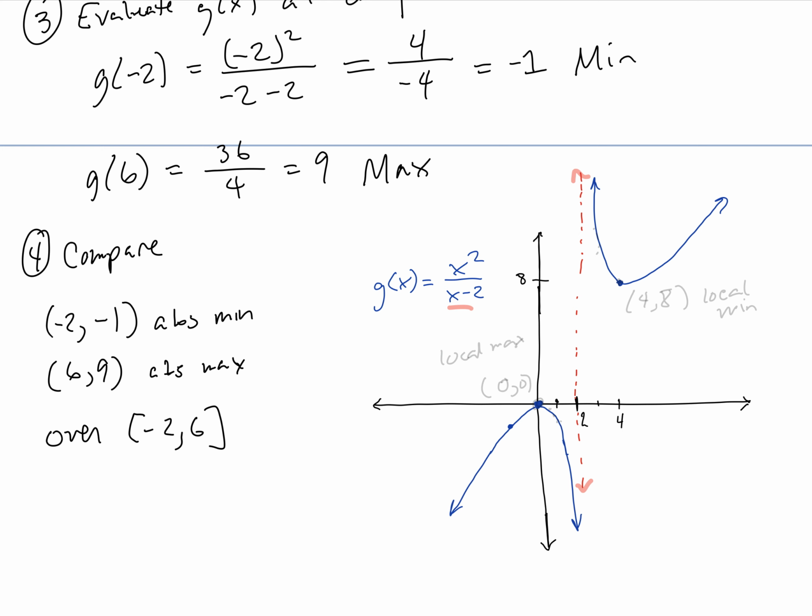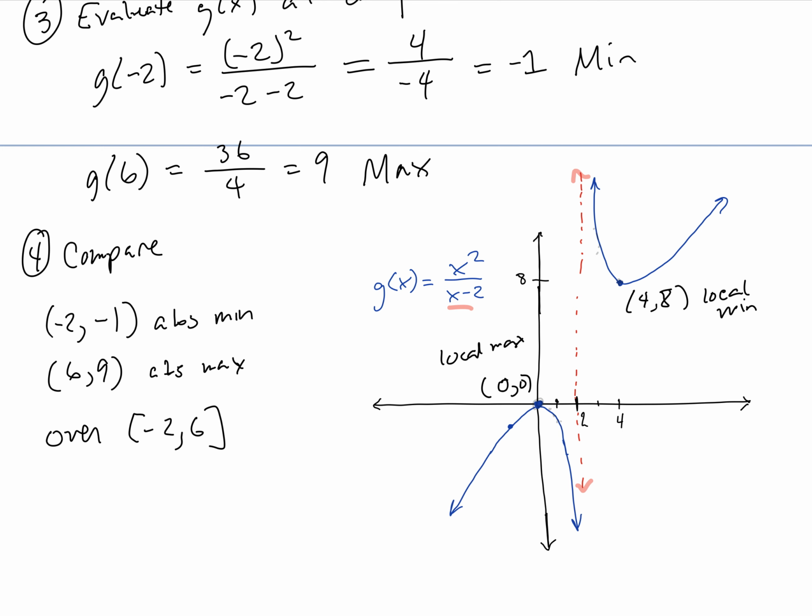And we see that there is something special happening at each of the points that we found. So at each of our critical values, 0 and 4. So at 4, it was 4, 8, and 0, 0. Those were our critical values. And this is a local minimum, or relative minimum, and this is a local max.